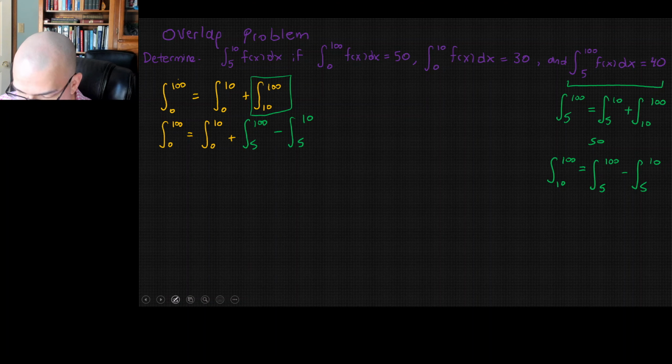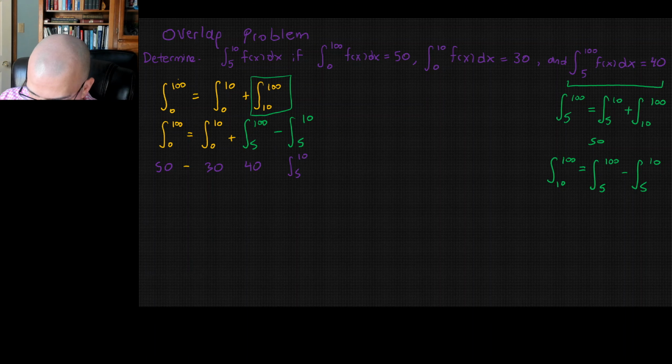And now we can plug in the information that we have. Integral from 0 to 100, we're told that that's 50. Integral from 0 to 10, that's 30. Integral from 5 to 100, that's 40. And the last thing is unknown, the integral from 5 to 10. Okay, and then we can simplify. 50 is equal to 70 minus the unknown.